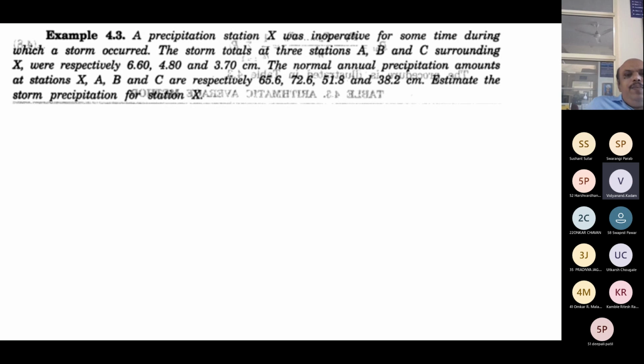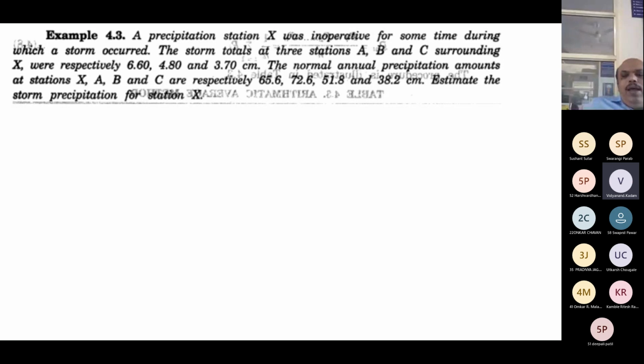The normal annual precipitation amounts at station X, A, B and C are respectively 65.6, 72.6, 51.8 and 38.2 centimeter. Estimate the storm precipitation for station X.